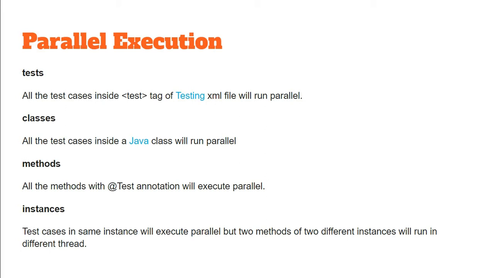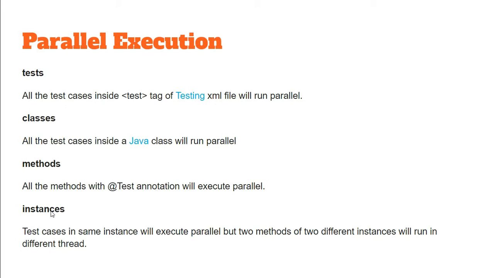If we place classes in the parallel attribute, it means that all the test classes will run in parallel. Another one is methods. All the methods with the @Test annotation will execute in parallel, which means that if there are many methods in a class, all the methods will execute in parallel.